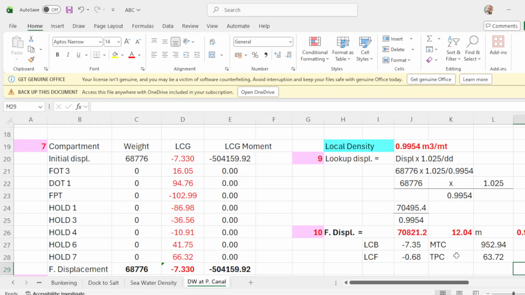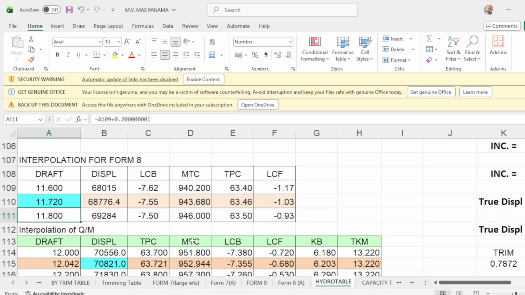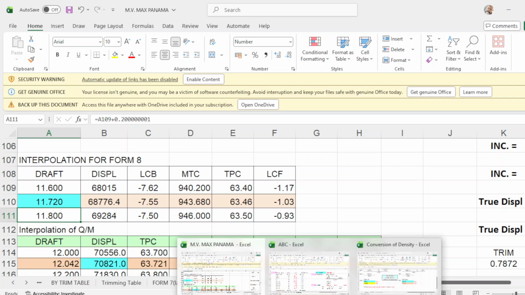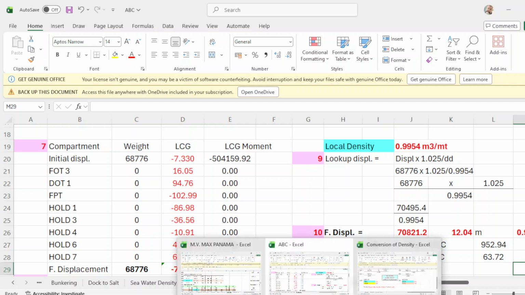And your MTC is 95294. That's your MTC. And your TPC is 63.72.